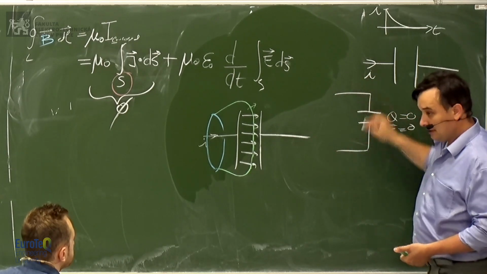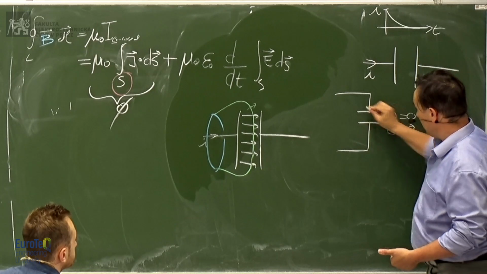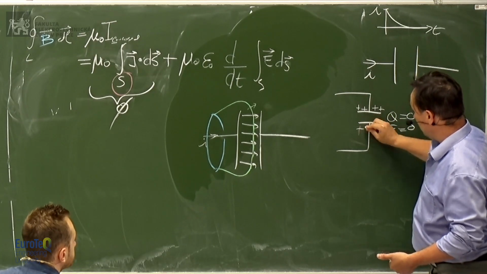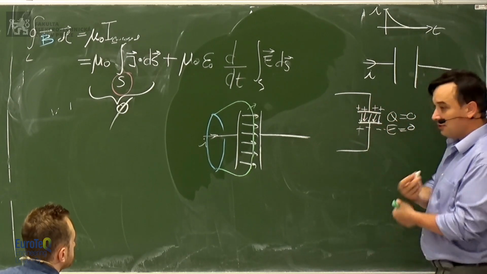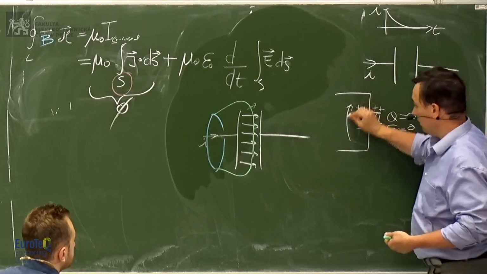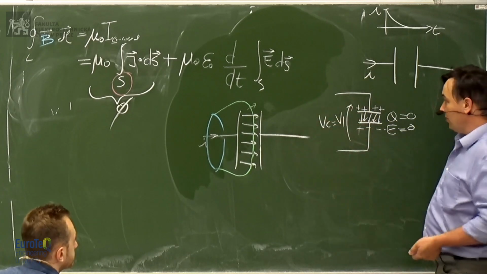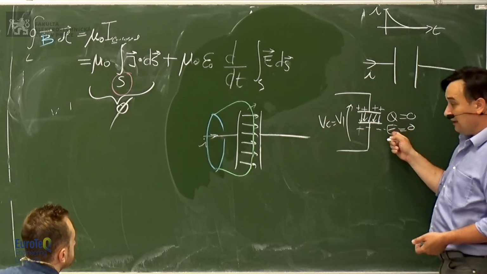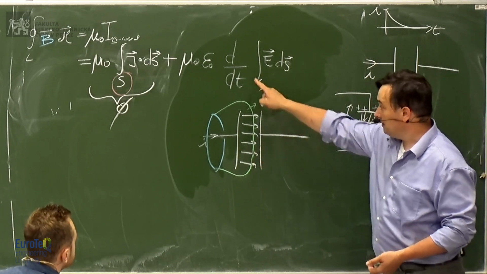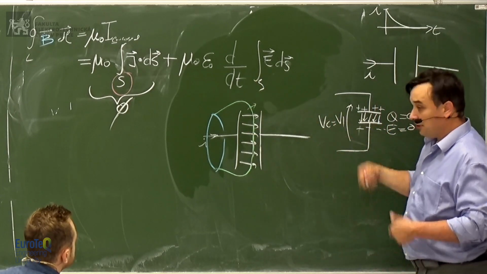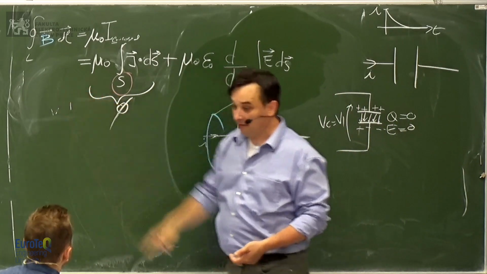Then I pump some current, I build up the charge, so I have an electric field, until it doesn't change anymore because I arrive to equilibrium. So the voltage of the capacitor is equal to the voltage of the generator, then the charge doesn't change anymore, and the electric field is 0. So this electric field changes in time, and it gives rise to the magnetic field.